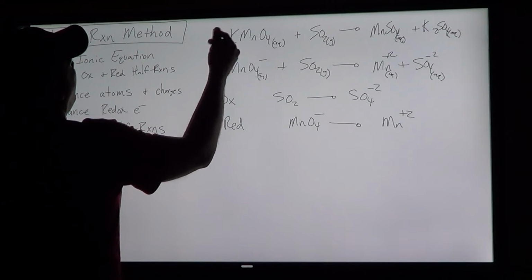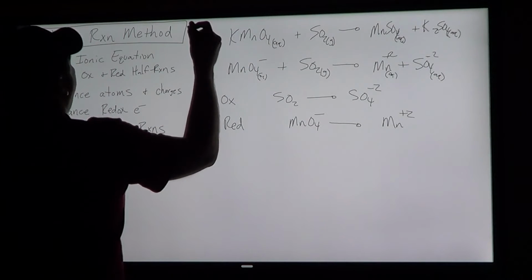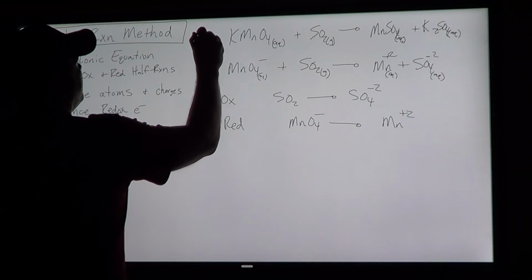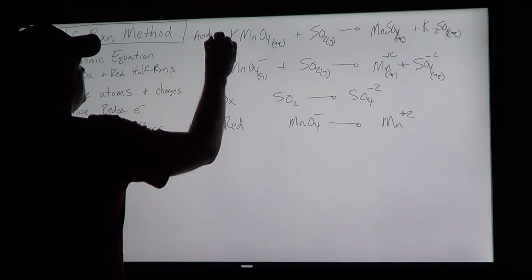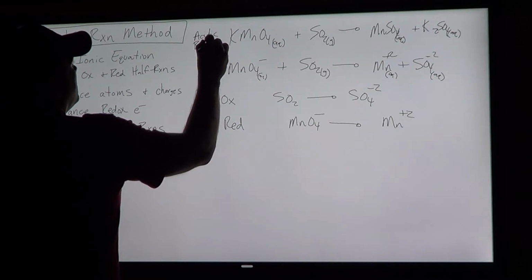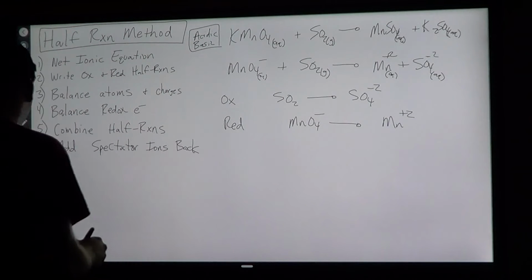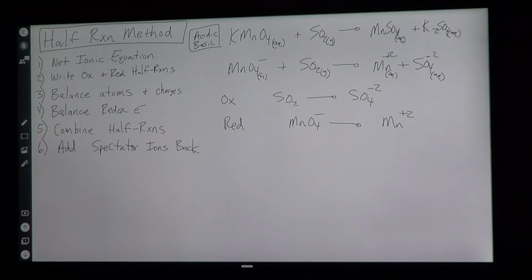Whether this is in water or not, at some point the problem's going to have to tell you whether you're in acidic solution or basic solution. And that's really important. Okay, so on page 652, we are doing the practice problem in that giant yellow box. And it's easier to do acidic, so we're going to assume it's acidic.